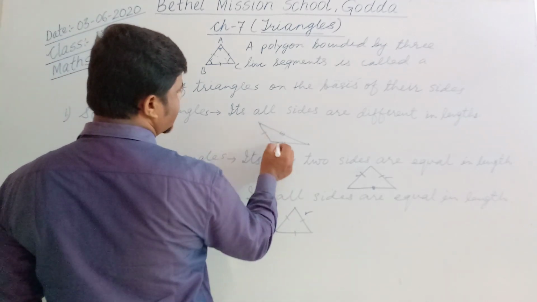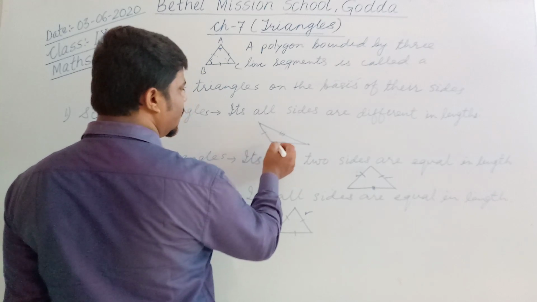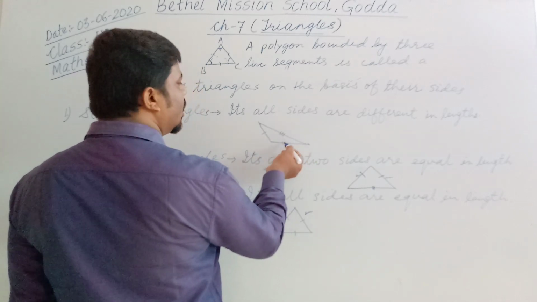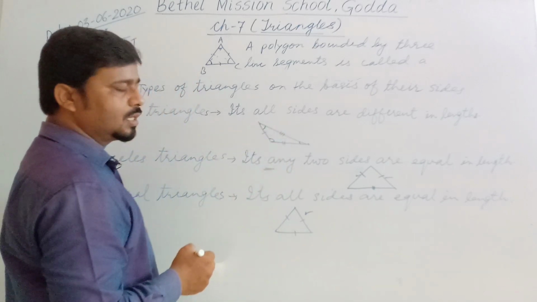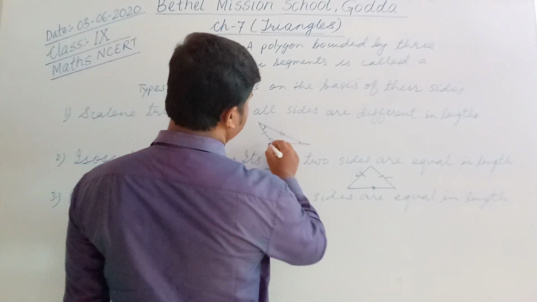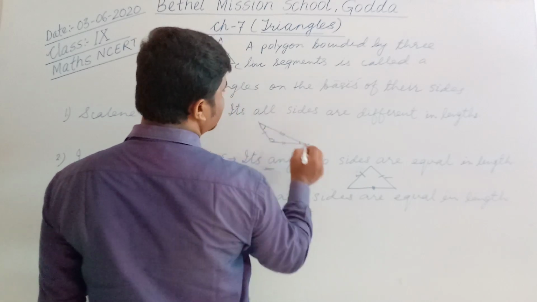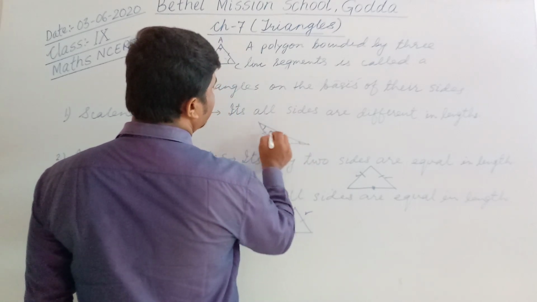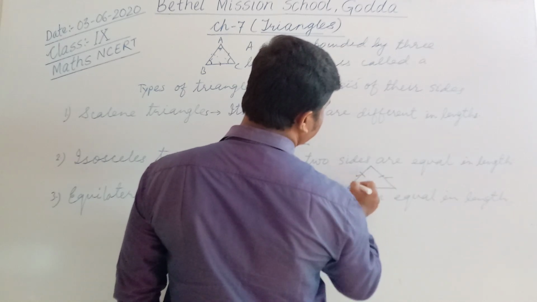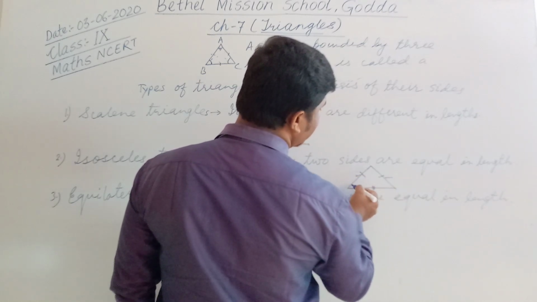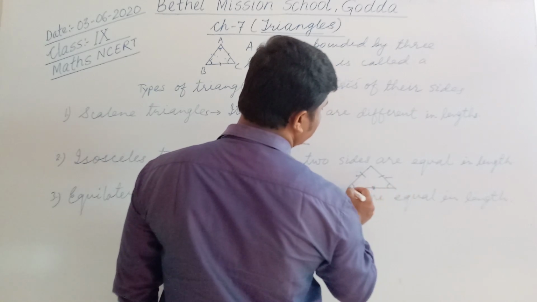If these three sides are different in length, then what will be the opposite angles? Means all angles also will be different in measurement, different in degree, means all three angles will be different. In an isosceles triangle, two sides are equal in length, so their opposite angles will be equal.